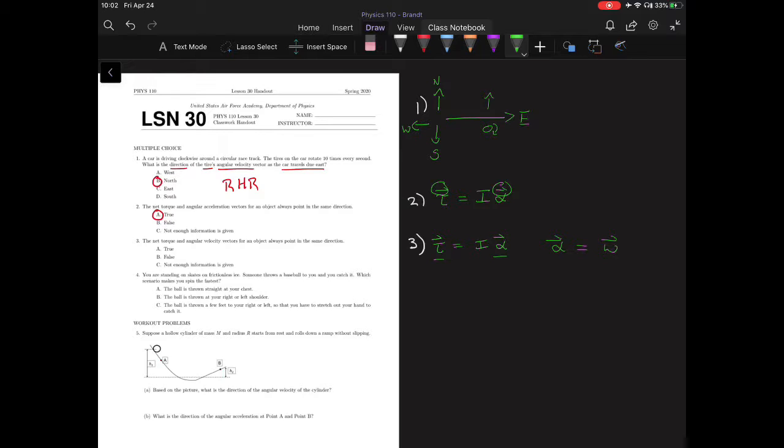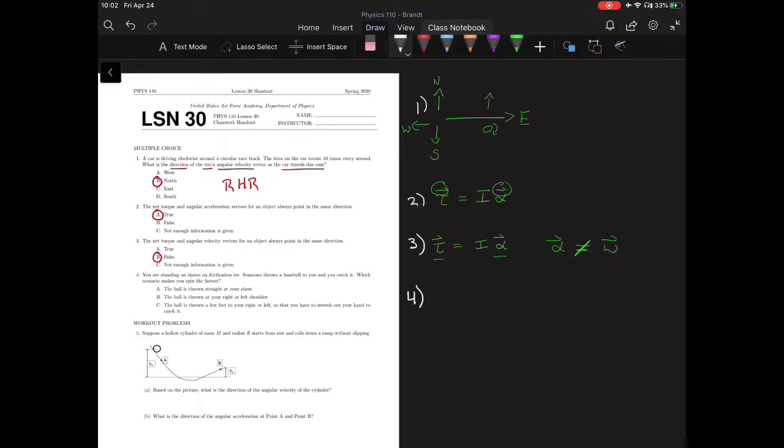That is not true, because if you're speeding up, alpha will point in the same direction. If you are slowing down, alpha actually points in the opposite direction of omega. So alpha is not in the same direction as omega, which means that omega is not in the same direction as torque. So that is a false statement.